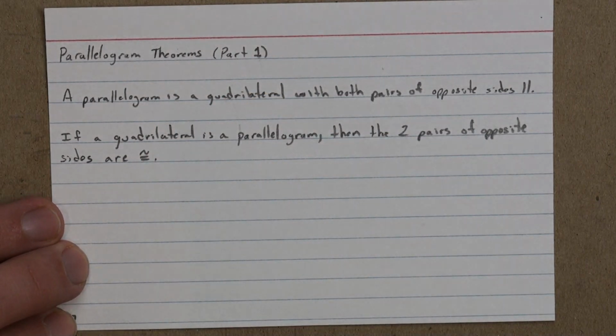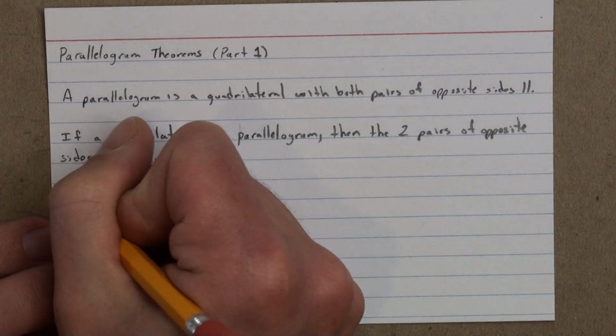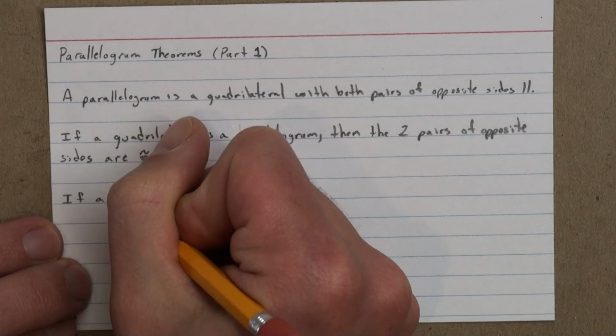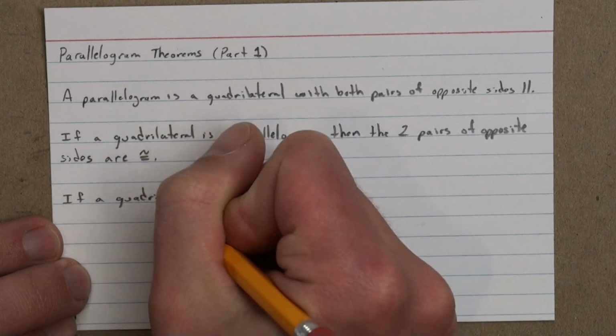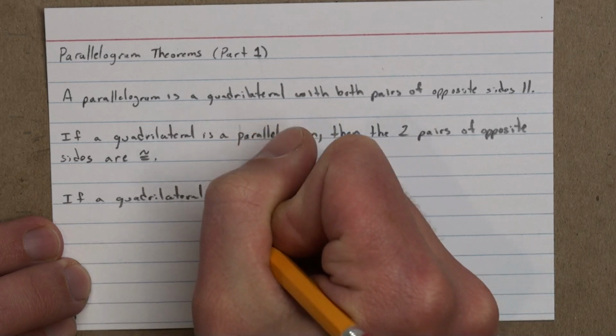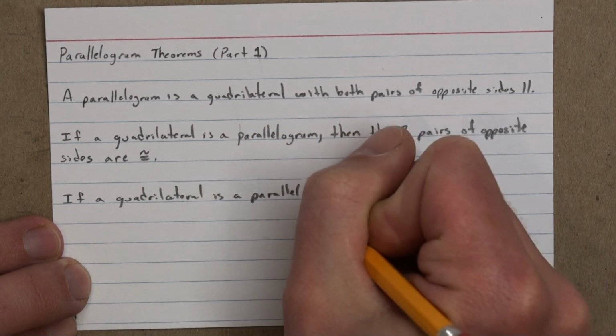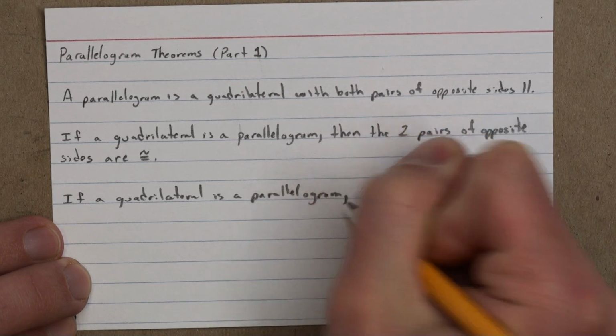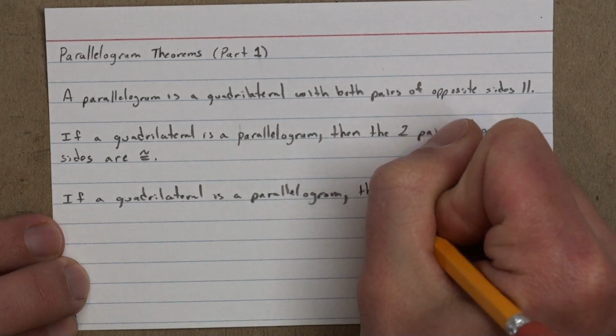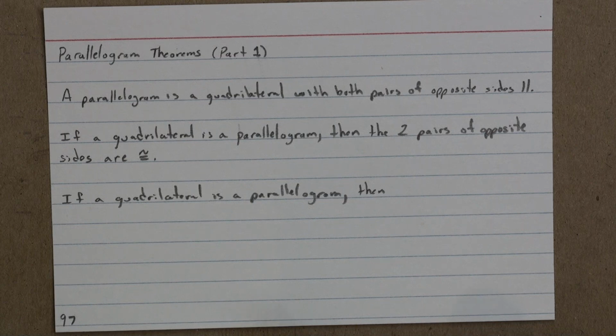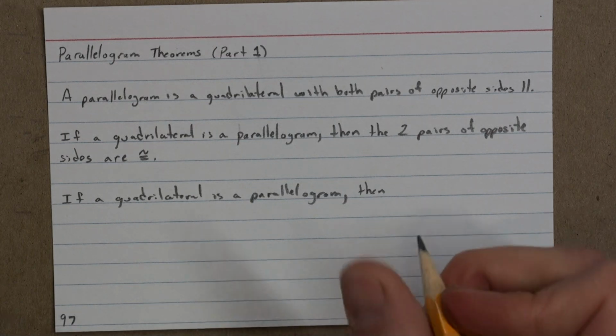Then we have if a quadrilateral is a parallelogram, then the two pairs of opposite angles are congruent.